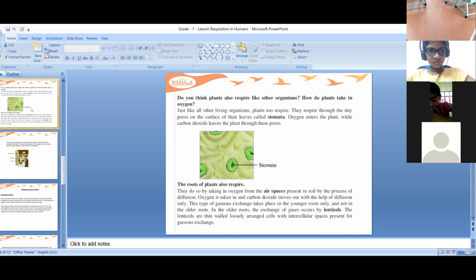The gaseous exchange takes place in the younger roots only and not in the older roots. In the older roots, the exchange of gases occurs through lenticels, which are thin-walled, loosely arranged cells with intercellular spaces.